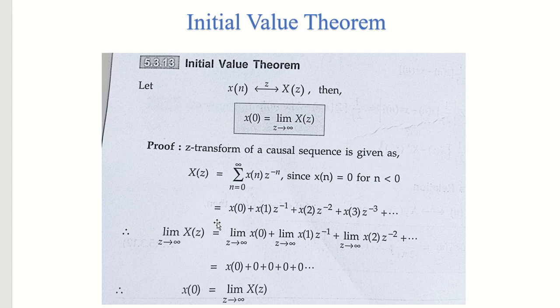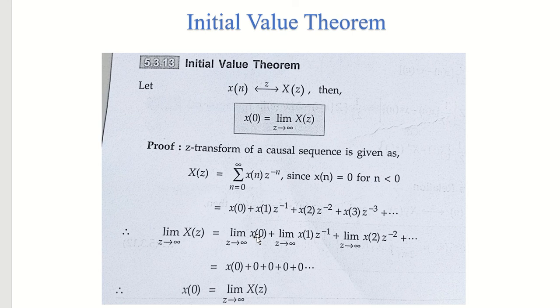And remember, whenever we have anything tends to 0, its value is always 0 inside the limit, right? So except x of 0, because it does not have z inside of it, all the rest of the values will become 0. So the only thing you will be left with is x of 0, right?